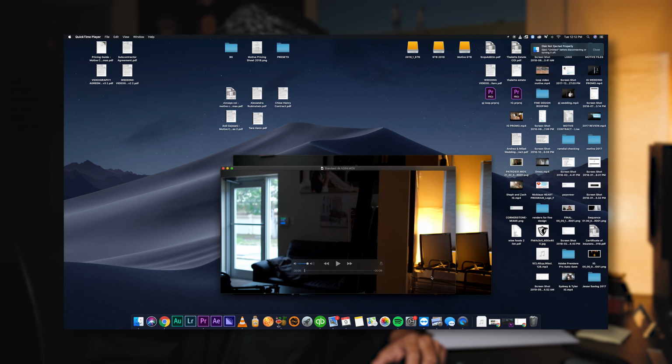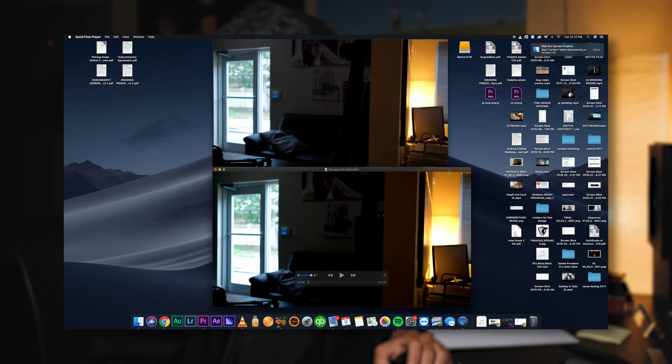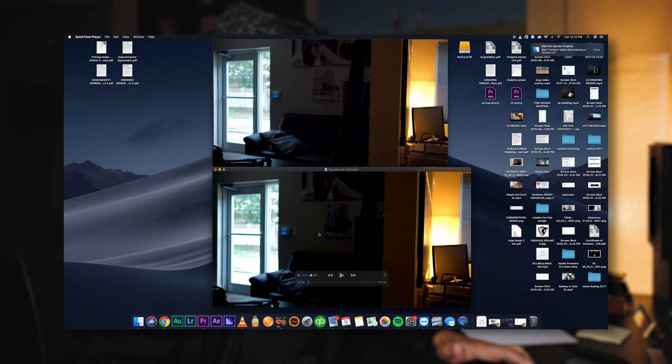You can clearly see that this one is lighter and less contrasty than this one. This time h.264 is at the top. Just looking right here underneath the pictures that we have on the wall, the h.264 one looks a lot flatter and a lot lighter, and h.265 is just crushed and you get no detail anywhere over here.